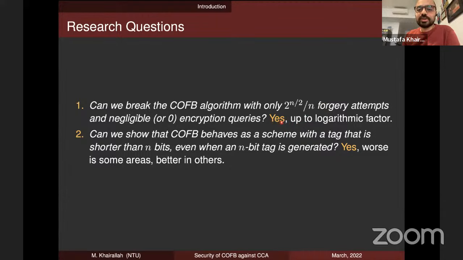We can show attacks that work with 2 to the n over 2 forgeries with a negligible amount of encryption queries, but there is a logarithmic factor, so it's only 2 to the n over 2, not over n. And we can show that COFB, especially GIFT-COFB, has behavior that looks like a scheme with an n over 2 bit tag.